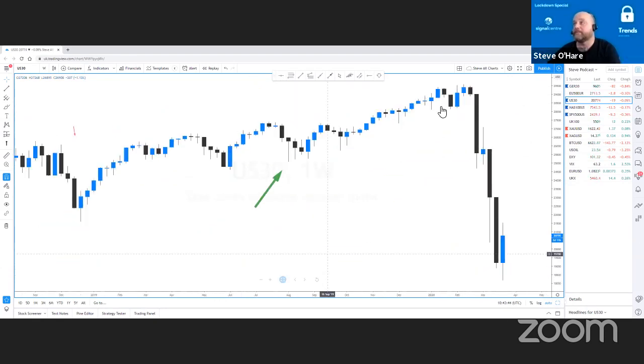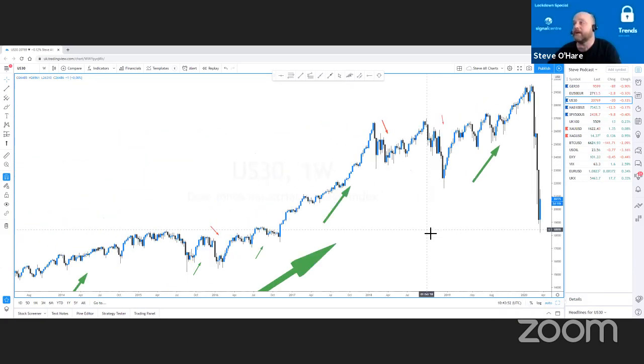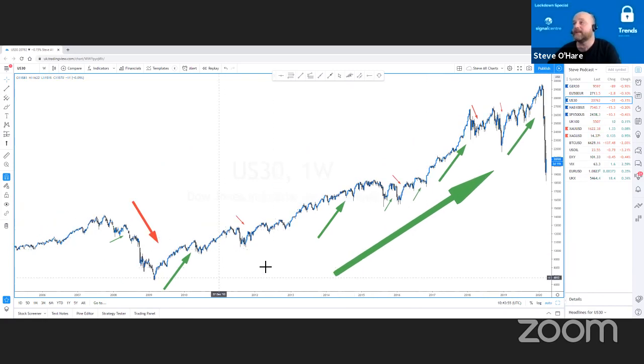So currently at this point in time, we're going through this short-term intermediate downward move. You'd like to think that the upward trend is still intact, but if we get down to levels around about 15,000, then that is brought into question again.